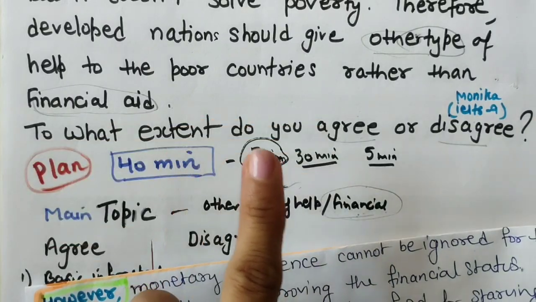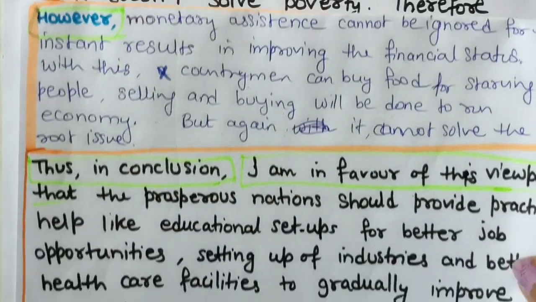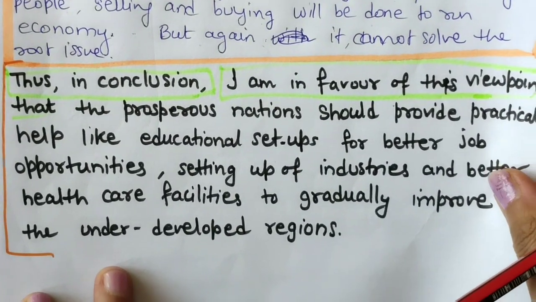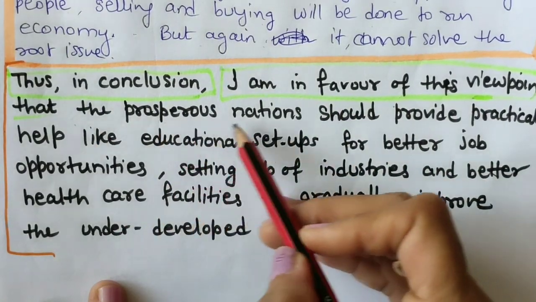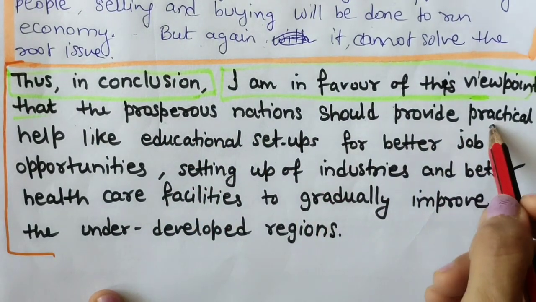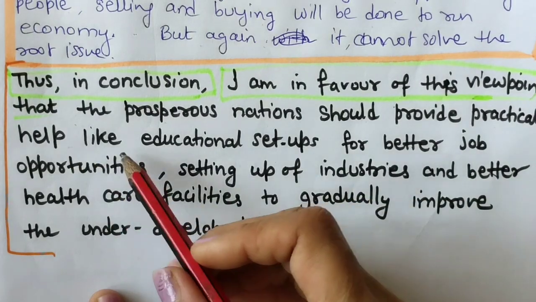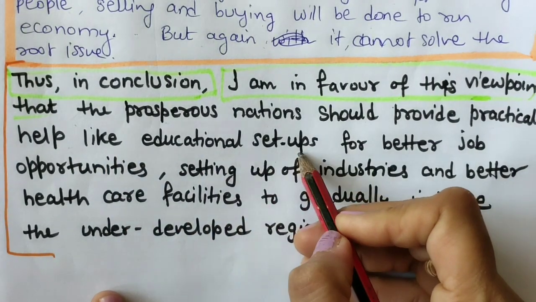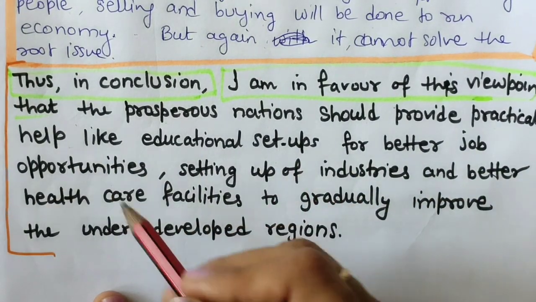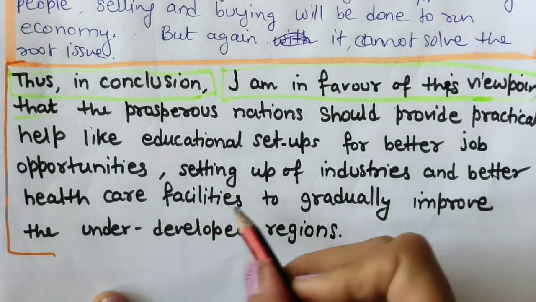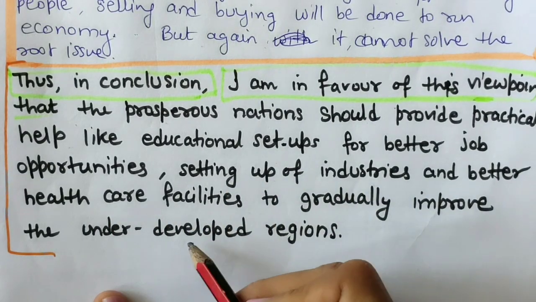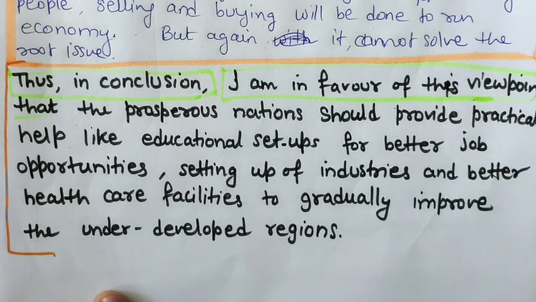Conclusion means paraphrasing of introduction again, you can say. Thus, in conclusion, I am in favor of this viewpoint that the prosperous nations should provide practical help, like educational setups for better job opportunities, setting up of industries and better healthcare facilities to gradually improve the underdeveloped nations.